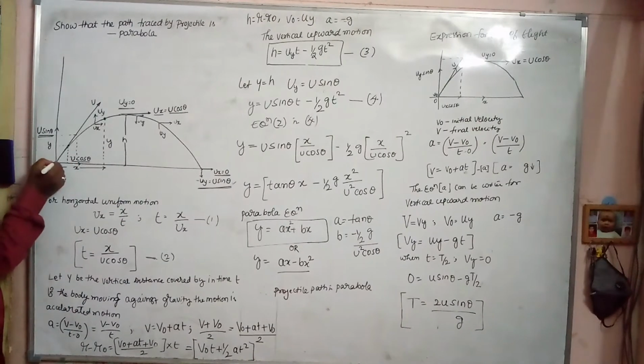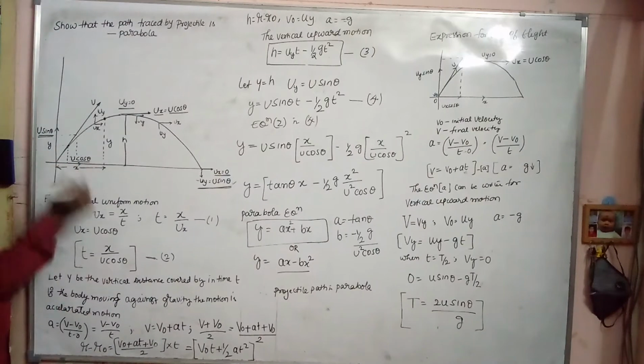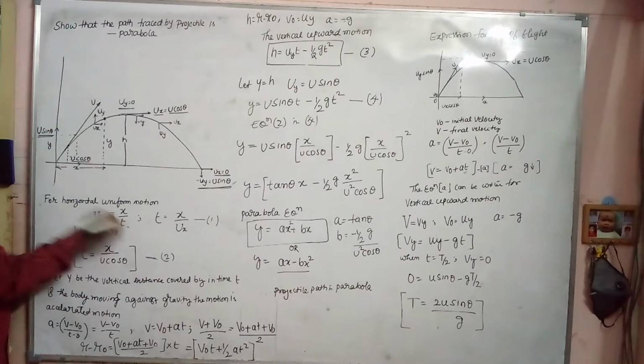See, actually the particle is moving like this. You are measuring with respect to x and y directions. So the particle is moving here to here with respect to the x direction, x distance, with respect to the time.